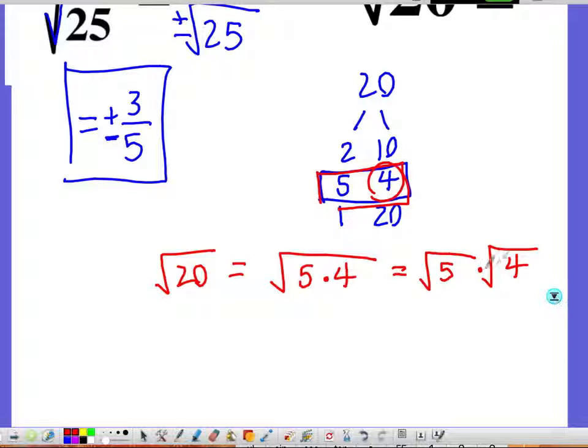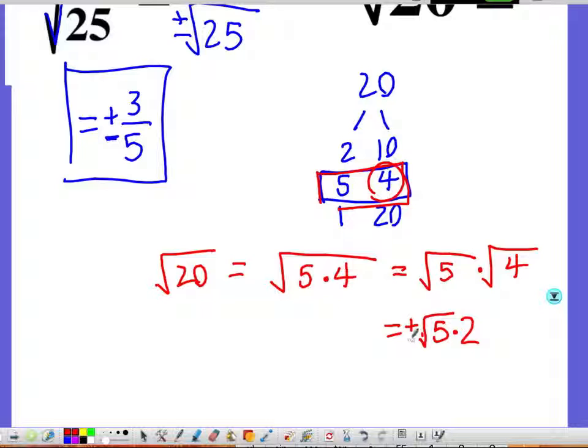And now this is why I wanted to get a perfect square, because I know what the square root of 4 is going to be. It comes out to a whole number, and so the square root of 4 is going to be 2, and the square root of 5, well, I can't simplify that any further, so it's just going to be the square root of 5 times 2.